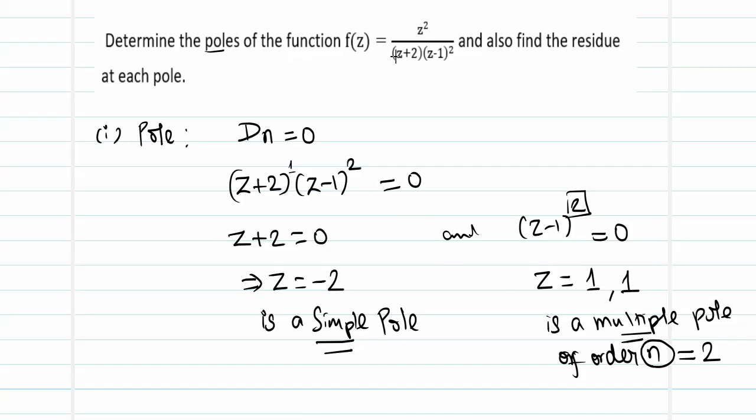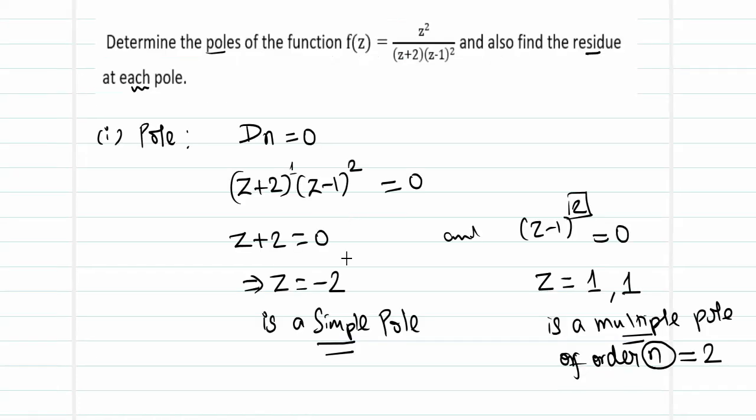So now I have estimated the poles of the function f of z as asked in the first part. What is the second part? They are asking me to find the residue at each of the poles. So I need to find the residue of the function at z equal to minus 2 as well as the residue of the function at z equal to 1.